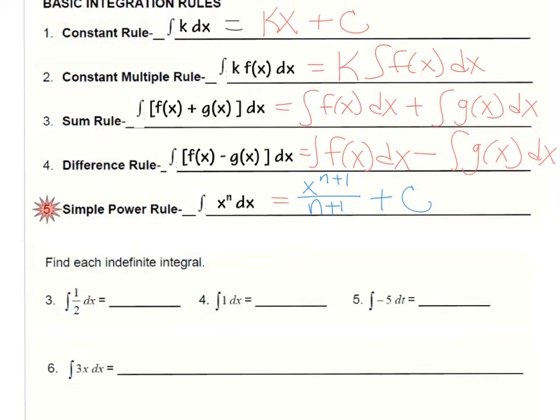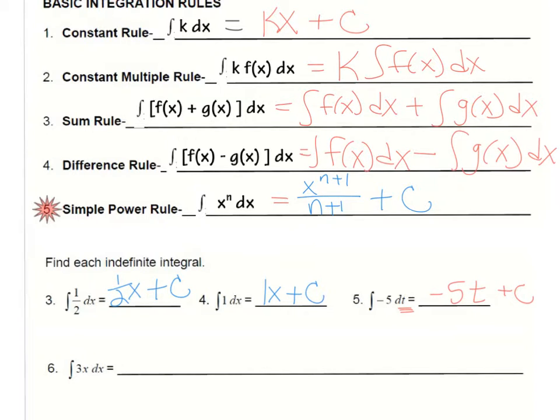So here for number 3, 4, and 5, these are all constants: 1/2, 1, and -5. The antiderivative of 1/2 is going to be 1/2 x plus c. The antiderivative of 1 is going to be 1x plus c. And then for 5, see how it says dt? So it's going to be -5t plus c.